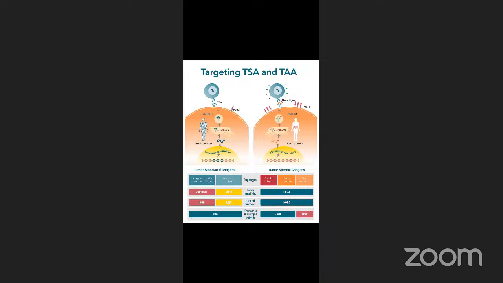On the surface of any nucleated cell, there are different types of surface molecules and surface receptors. All the cells have surface molecules, and those molecules are called cell surface antigens.